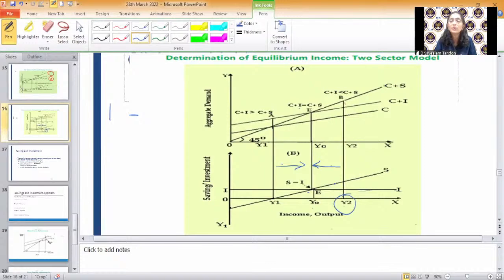All those players are here because we have huge MPC. MPC is increasing. And number two, you have more youngsters. Youngsters means they have higher MPC to consume. So consumption demand is more. So savings are less. That is making more job opportunities in India, more investments in India, more growth in India.